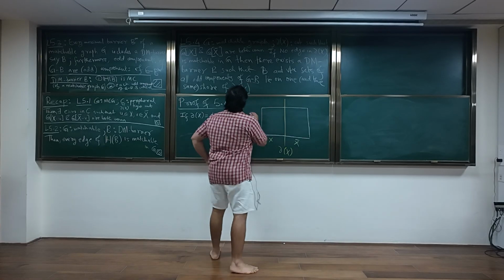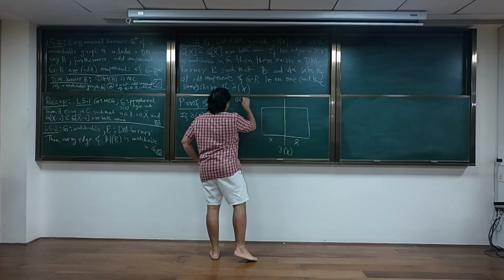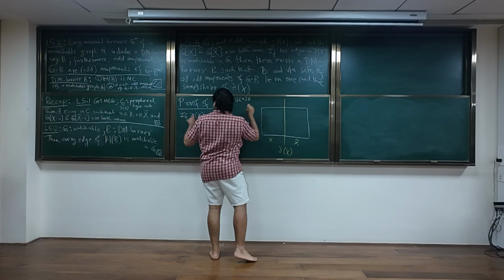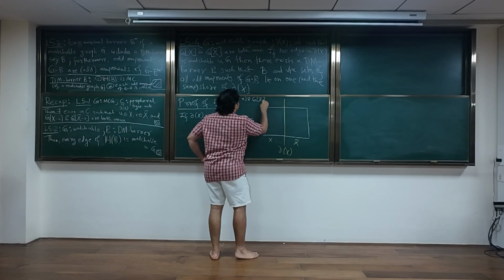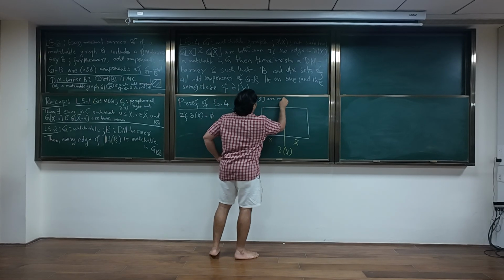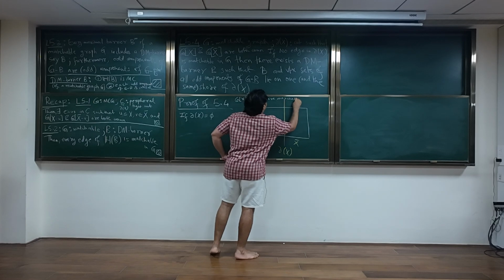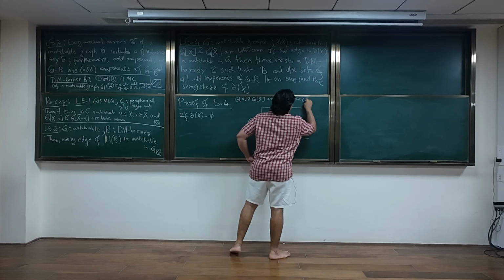Therefore, both of these graphs, G induced by x and G induced by x bar, irrespective of empty or not, these two graphs are matchable. And by hypothesis, they are also connected.